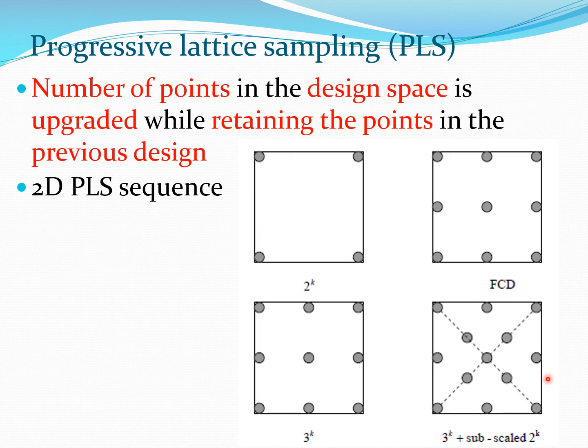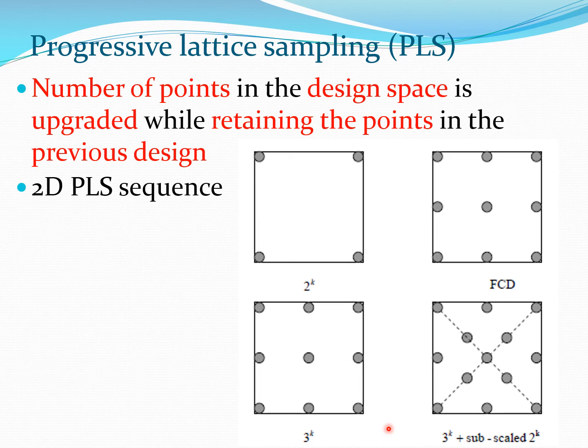So here one of the advantages is that you can start out with a simple design. You can check how your response surface is doing with respect to the actual prediction. If you are not very pleased with your model, you add these points here. You either add these 4 points or these 4 points and the center points. You once again check your response surface and see how well it's doing.